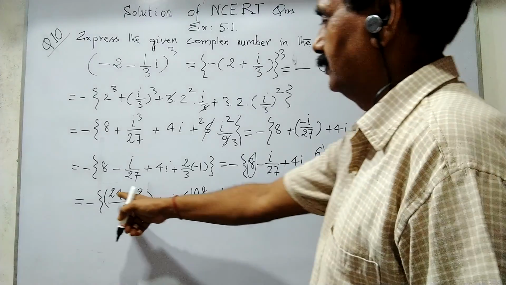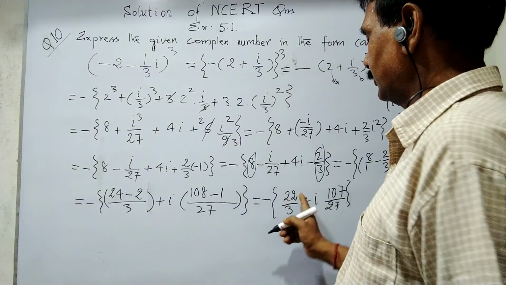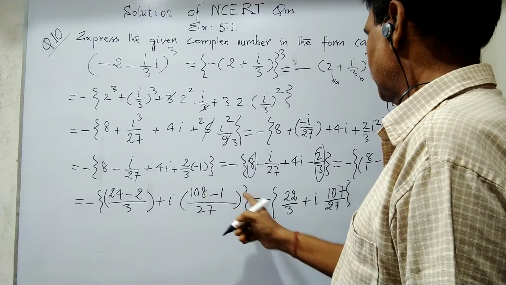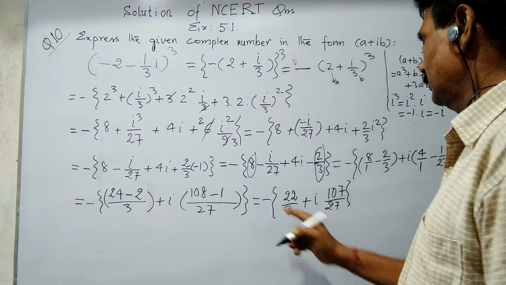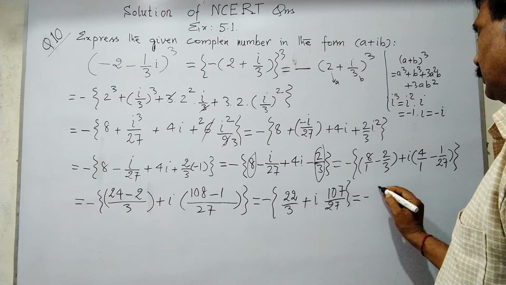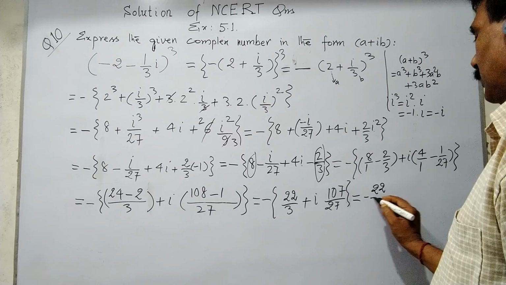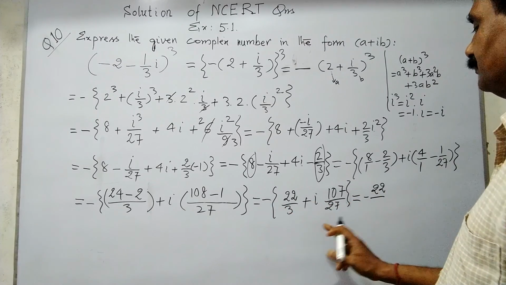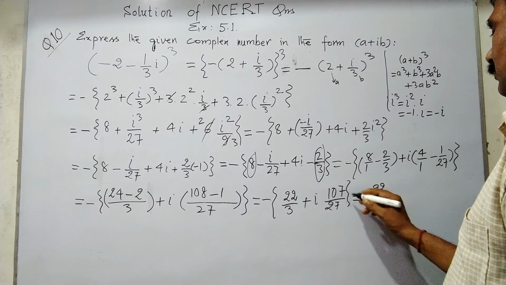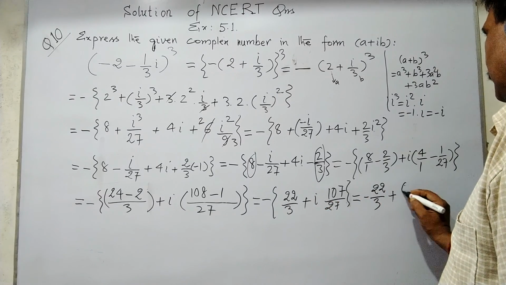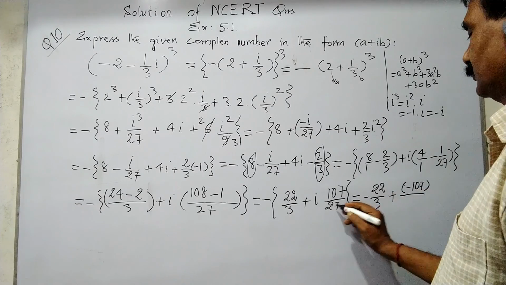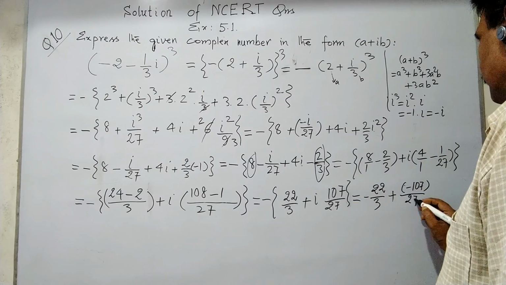So 24 minus 2 is 22 by 3, plus i, and this is 108 minus 1, that is 107 by 27. Now this becomes minus 22 by 3, plus i times 107 by 27.